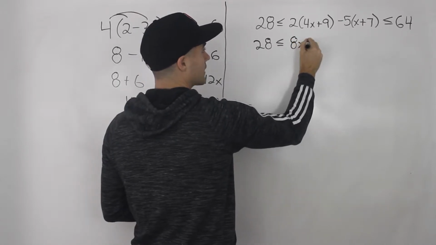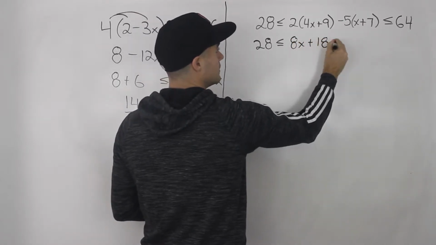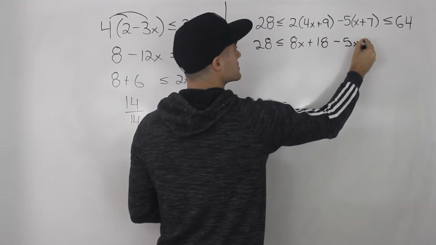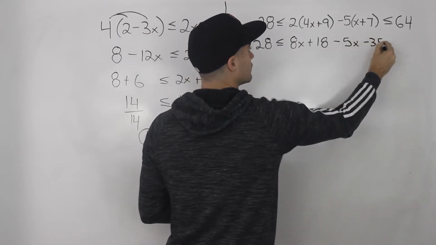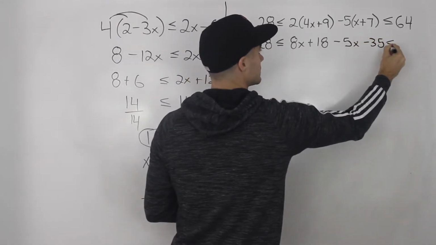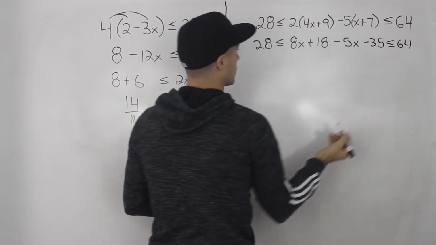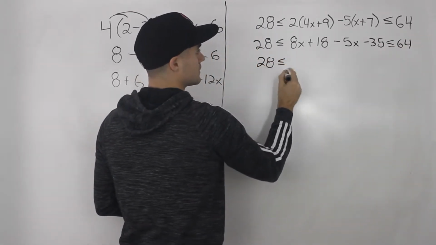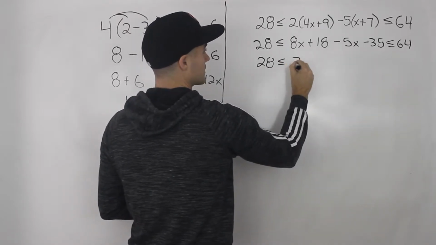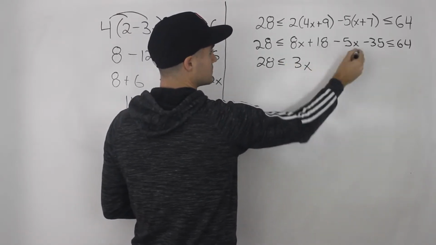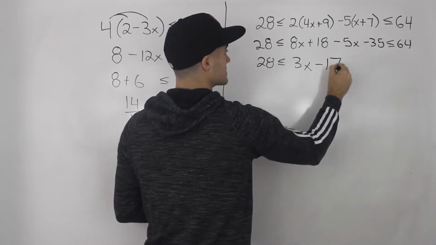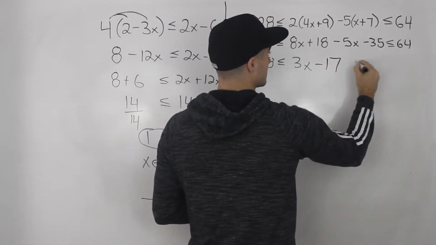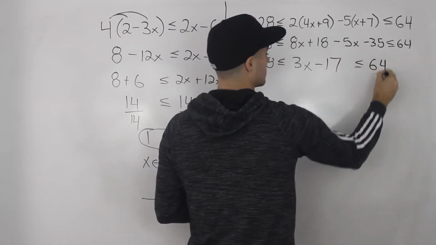So we'll have 8x plus 18 minus 5x minus 35, still less than or equal to 64. So I'll have 28 less than or equal to 8x minus 5x, that gives us 3x, and 18 minus 35 gives us minus 17, still less than or equal to 64.